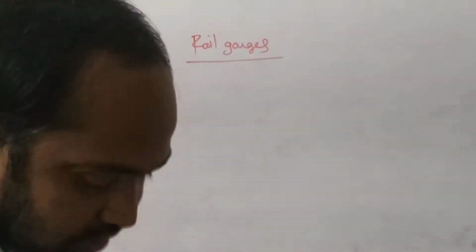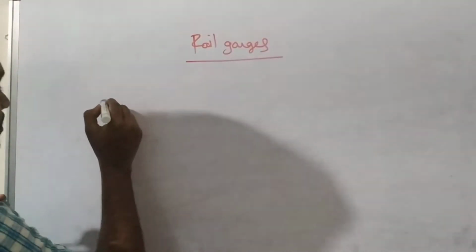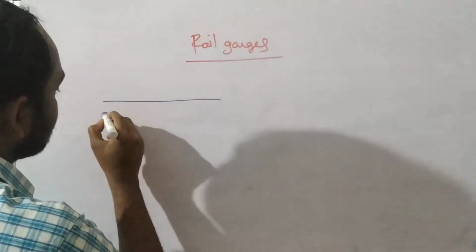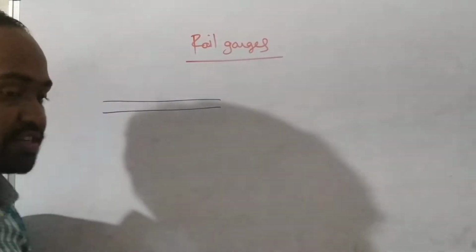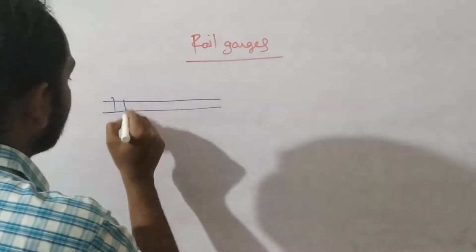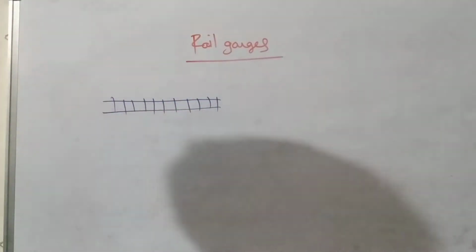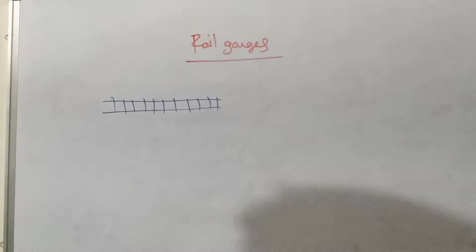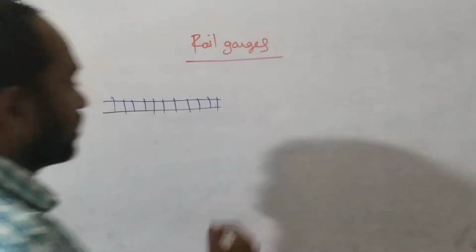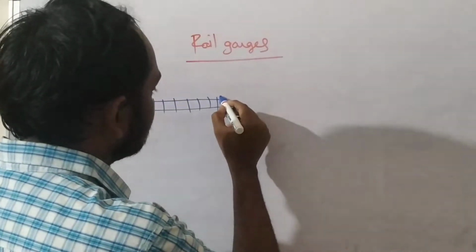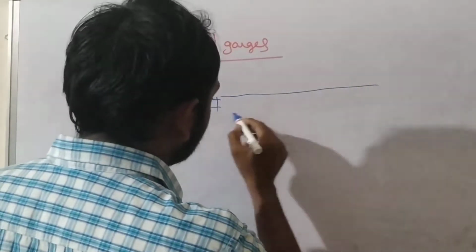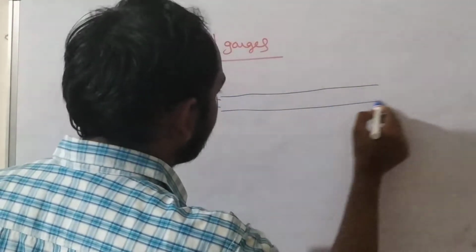You can see in this figure, this is a railway track moving with a certain gauge distance. You can assume it is a narrow gauge. After the narrow gauge, at a certain point, it is converted into broad gauge, and from here the track is constructed with broad gauge.